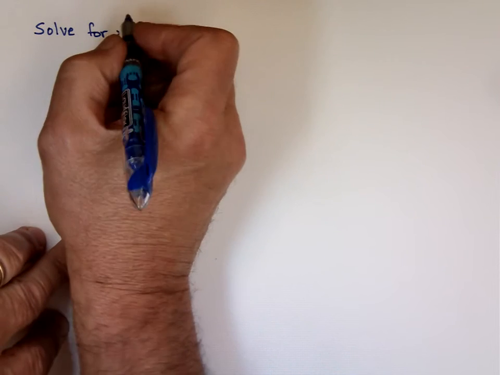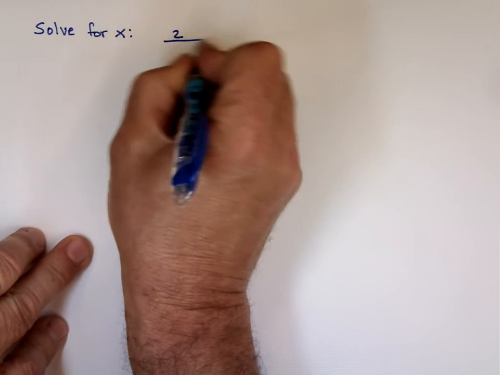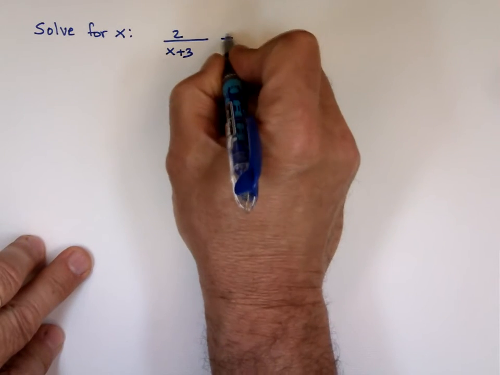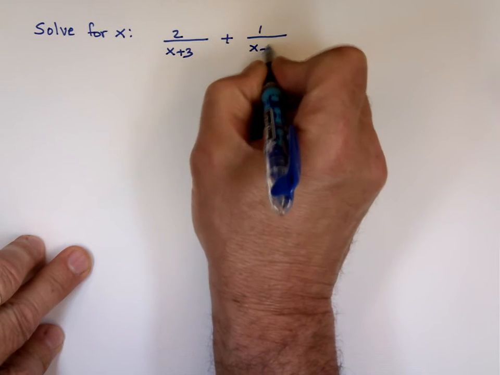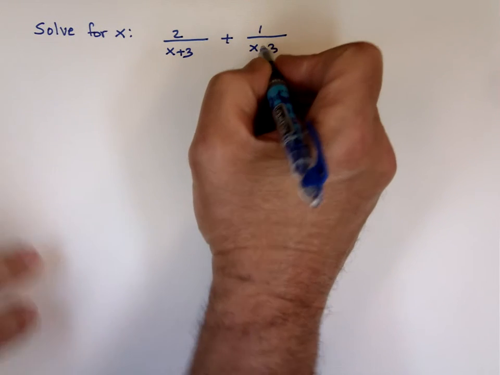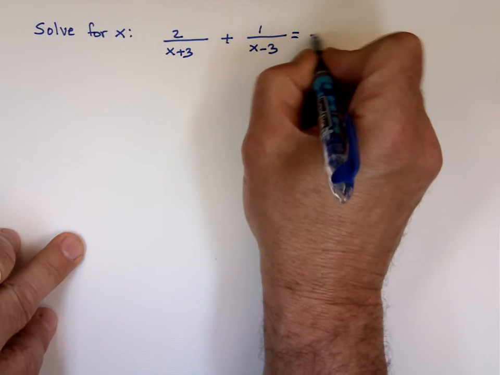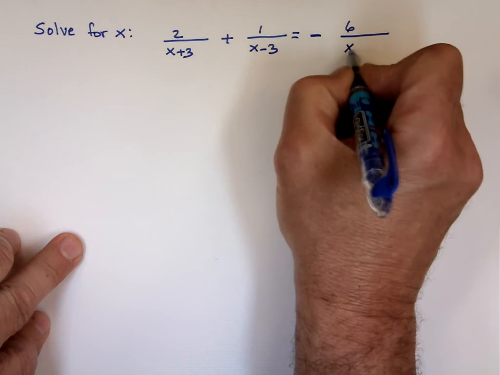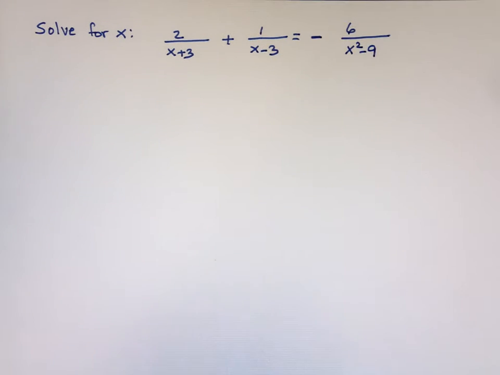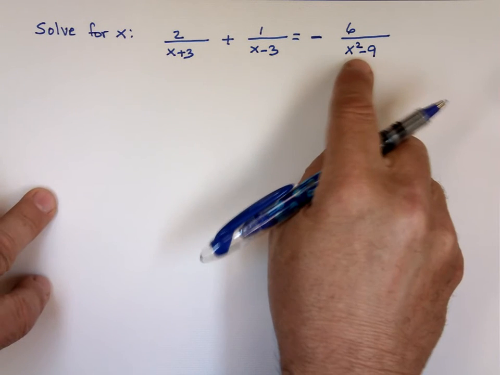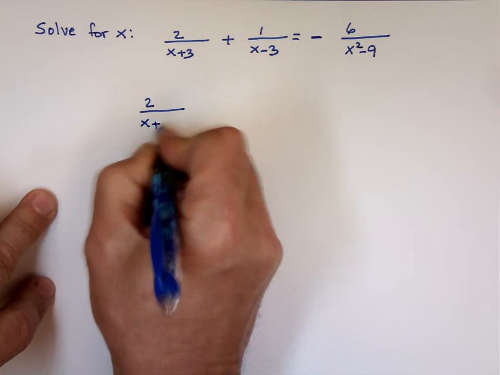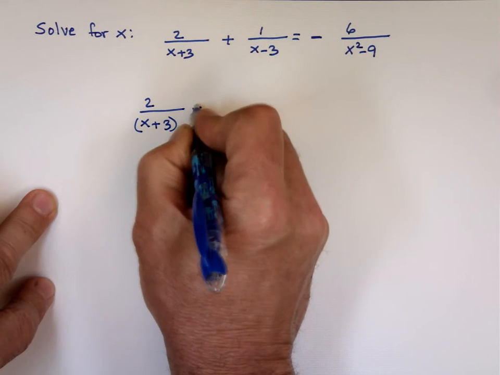We have 2 over x plus 3 plus 1 over x minus 3 equals negative 6 over x squared minus 9. Well, I need to find the LCD. Well, before I start thinking about finding the LCD, let me see if I can factor this one. I'm leaving a space for it. There's a reason.